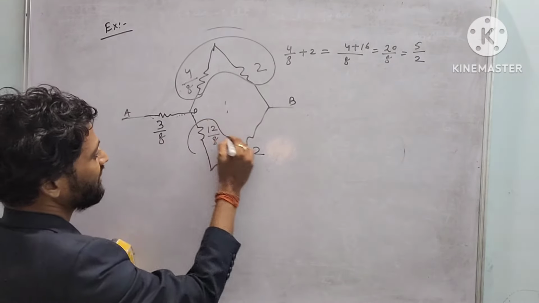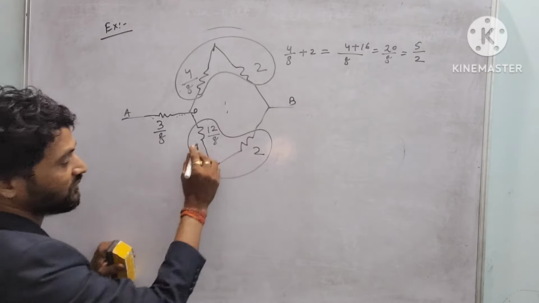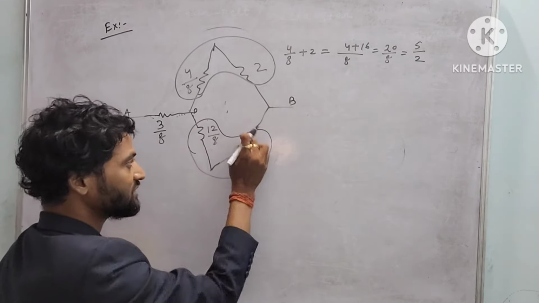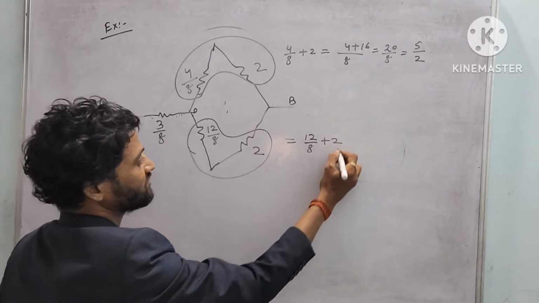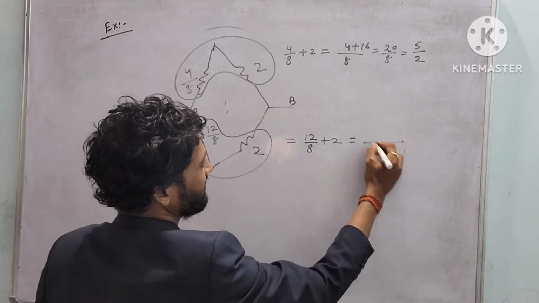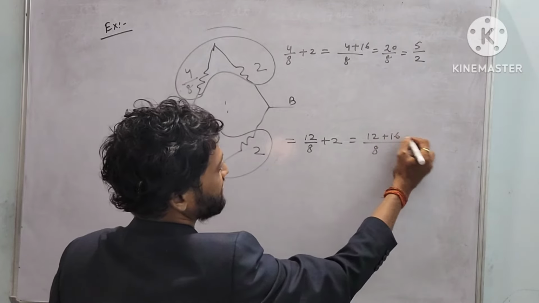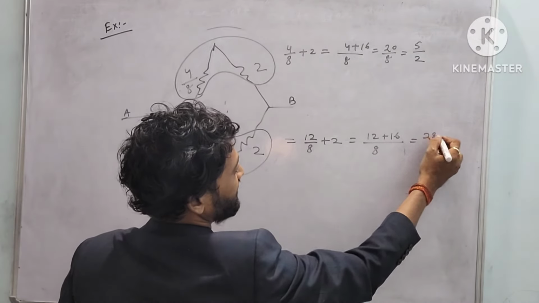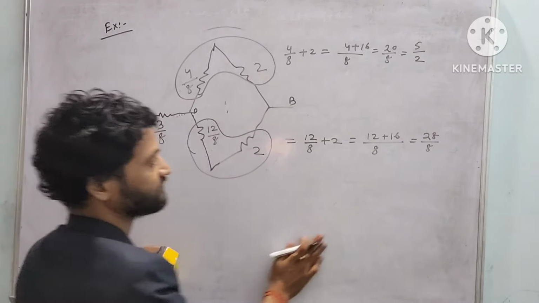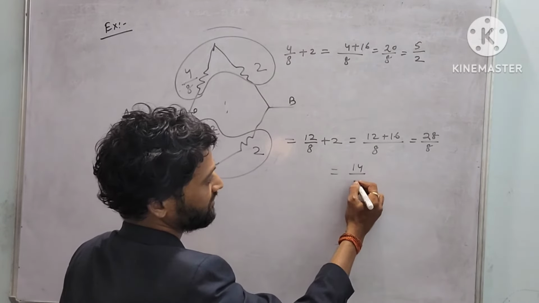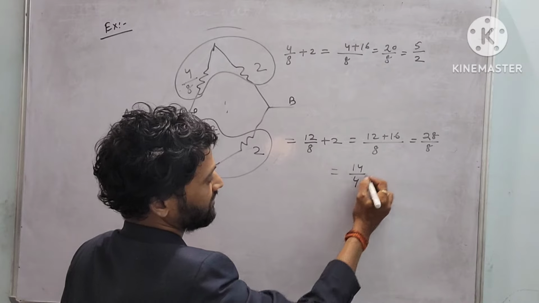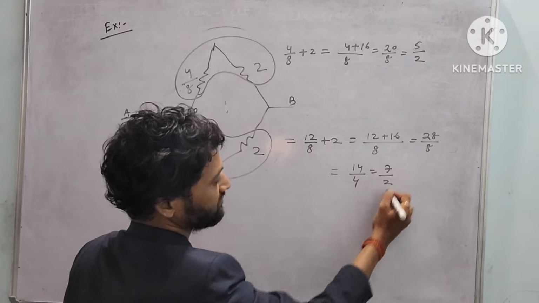Similarly, 12 upon 8 and 2 both are in series. What is the resistance? 12 upon 8 plus 2. So it will be 12 plus 16, and that is 28 upon 8, that is 14 upon 4, that is 7 upon 2.